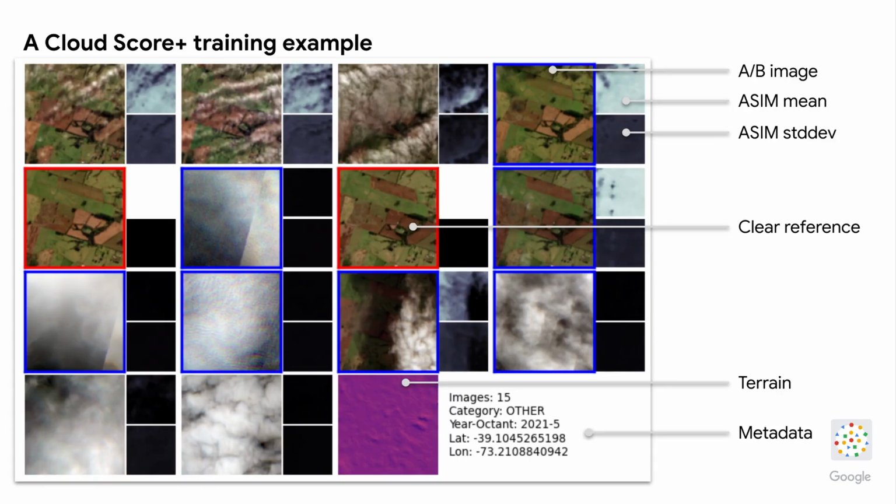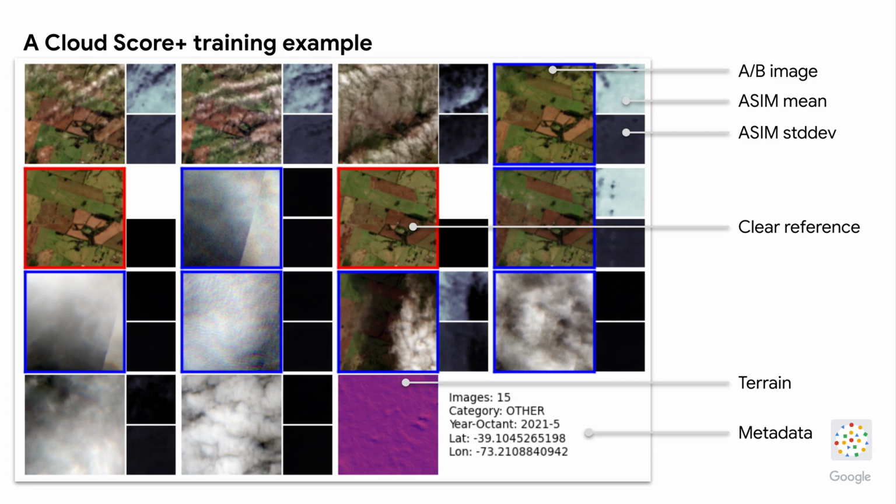And why this is important is because these ASIM scores, these scores that we generate for pairs of images, become the training examples, or our way of mining training examples, for the larger cloud score model. So for the cloud score model, we take pairs of images and we sample, and we have some requirements.